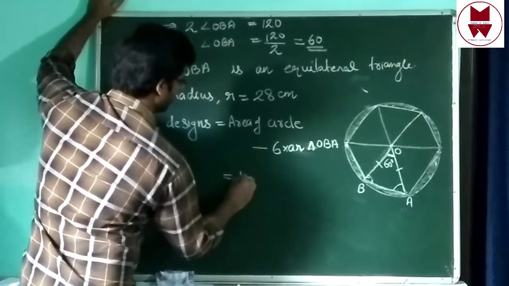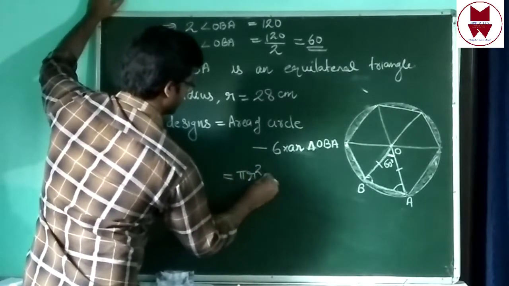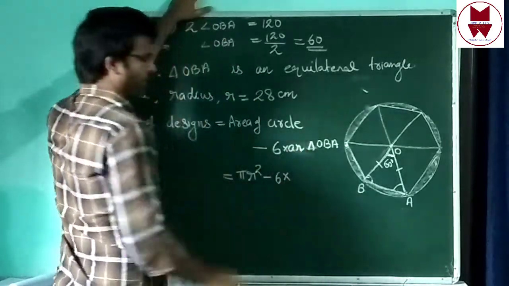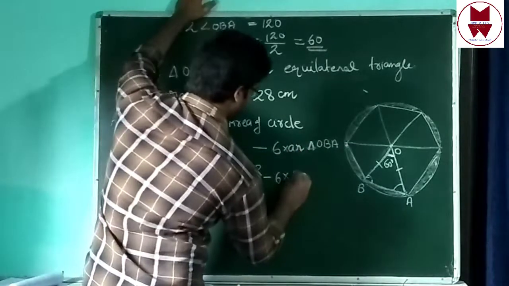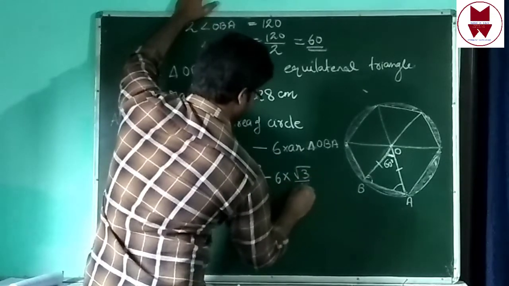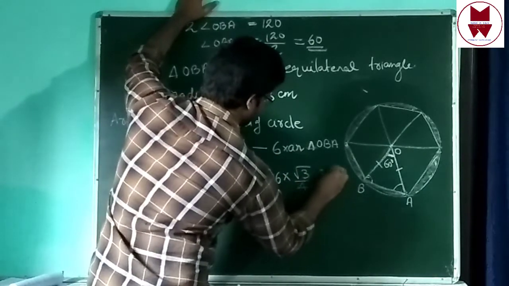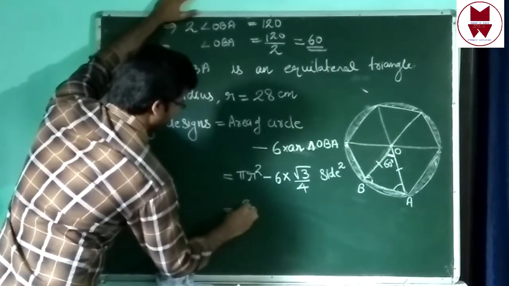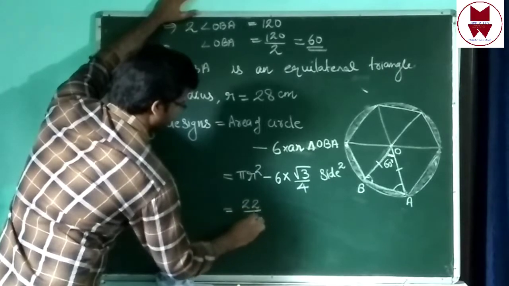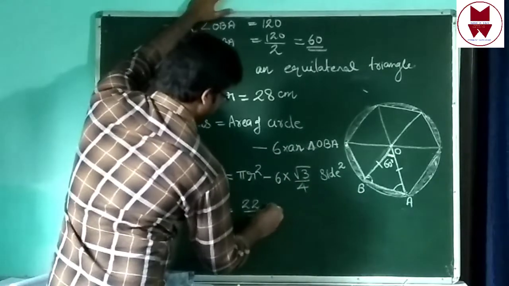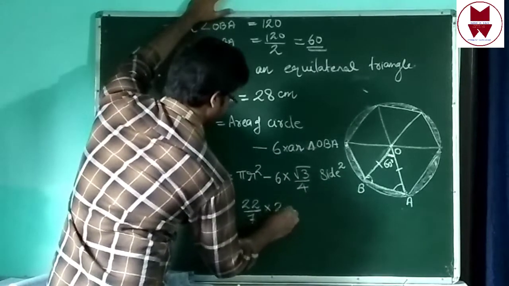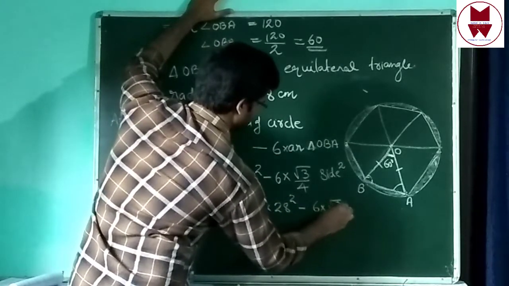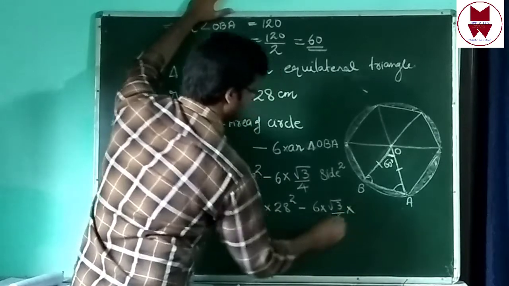Then area of circle is pi r square minus 6 into area of the equilateral triangle, that formula is root 3 by 4 side square. Pi is not given in the question, so we write 22 by 7, into r square, r is 28 square, minus 6 into root 3 by 4 into side square.